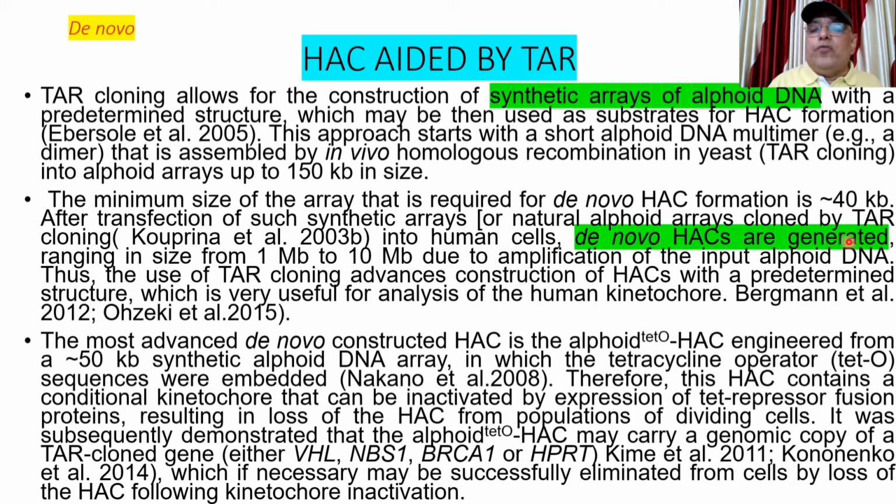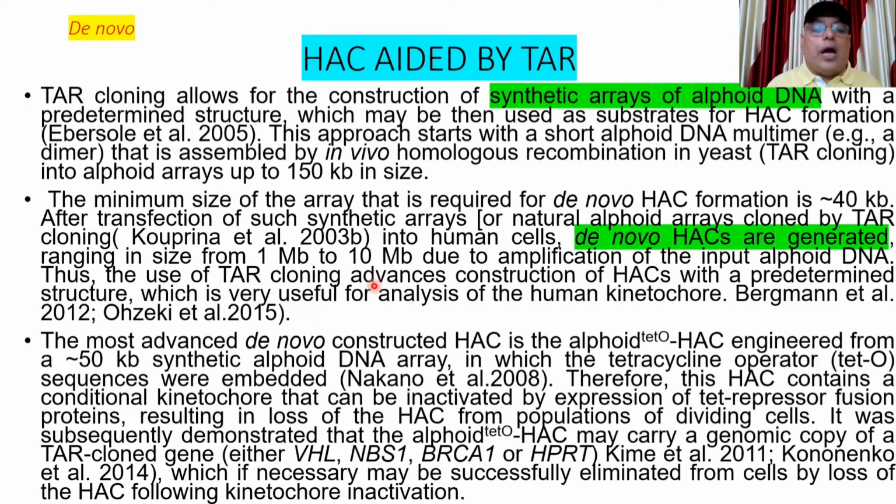So these de novo HACs are generated, and how does TAR help in their generation? TAR extricates the desirable length of alphoid satellite DNA, which acts as a nucleus for the multimerization and ultimately the development of the human artificial chromosomes.